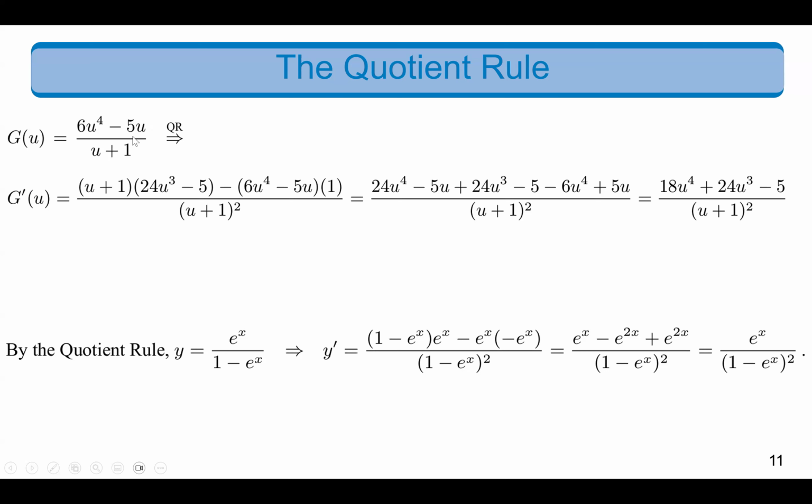As we said in the product rule, it doesn't matter which function we find the derivative of first because we add together. But here we always have to find the derivative of the numerator first, then multiply by the denominator, minus the derivative of the denominator multiplied by the numerator, now divided by the denominator squared.